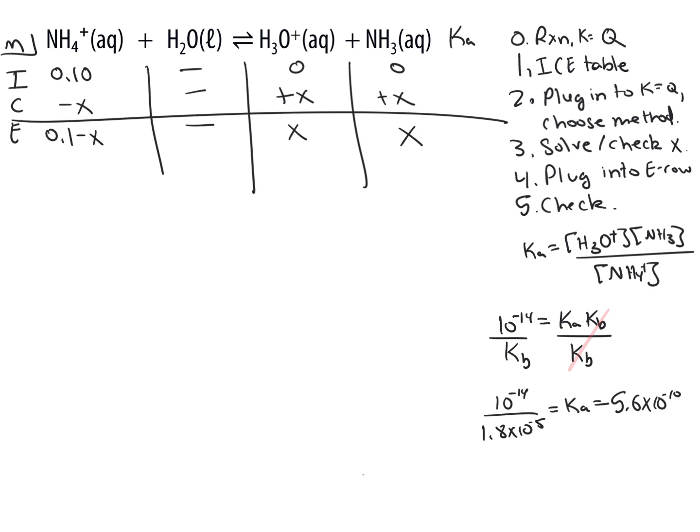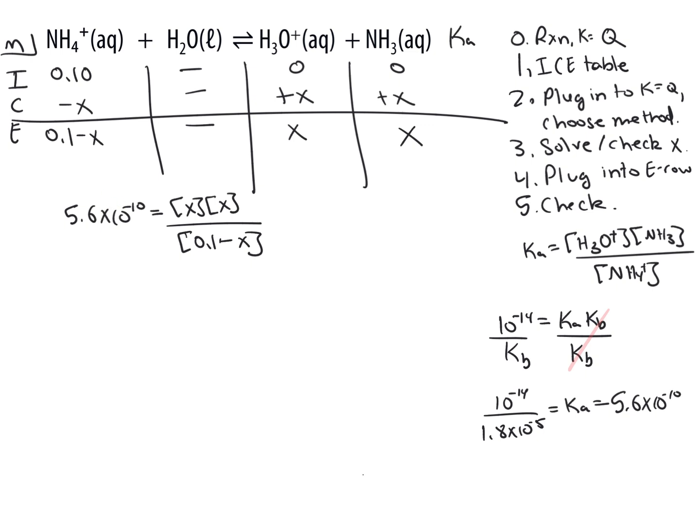Now we can plug into K equals Q and choose a method to solve. So we go 5.6 times 10 to the minus 10 is equal to x squared over 0.1 minus x. That's plugging into K equals Q. Now let's choose our method.